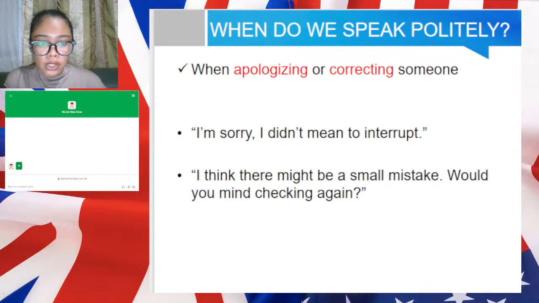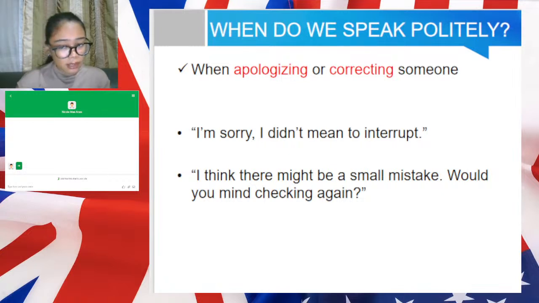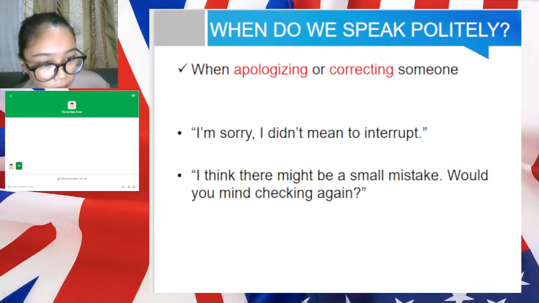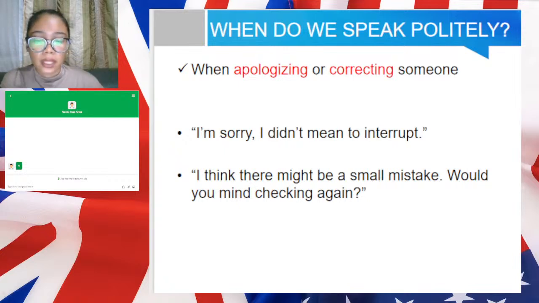And also, when you need to correct someone, especially if it's a minor thing, you would not want to just blurt out, you're wrong, something like that. So that could make them feel bad, and we do not want that. So instead, we can use a more polite approach. It would be something like, I think there might be a small mistake.